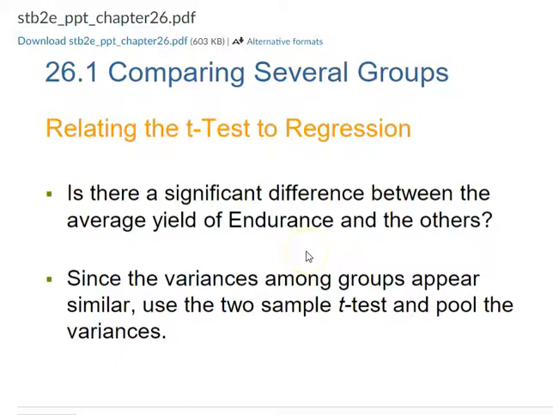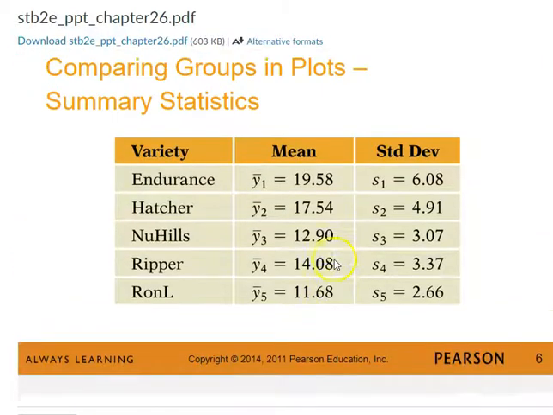So relating the t-test to regression, what is a t-test? A t-test is when you have two groups, right? But here we have 5 groups. So what is our strategy here? Here's the thing. What is the highest average yield?